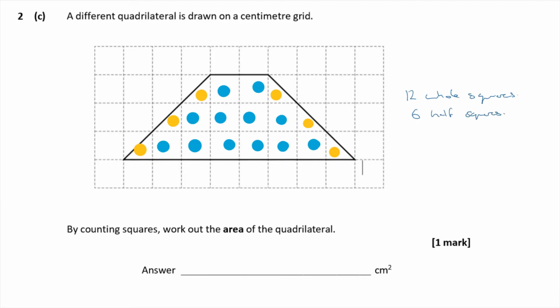Okay, so those 6 half squares are actually going to work out to be 3 whole squares altogether, isn't it? Because you can push 2 together to make a whole square. So my 6 half squares give me 3 whole squares plus the 12 whole squares. That's going to give me 15 altogether, isn't it? So the area of this quadrilateral is going to be 15 centimetres squared.